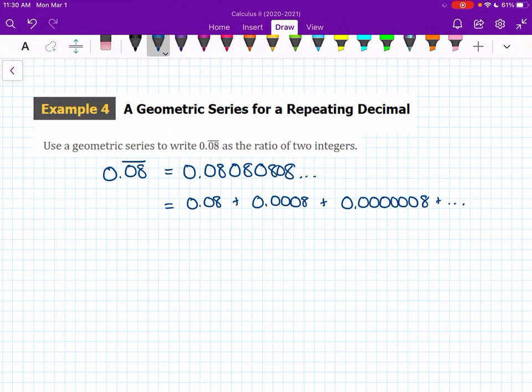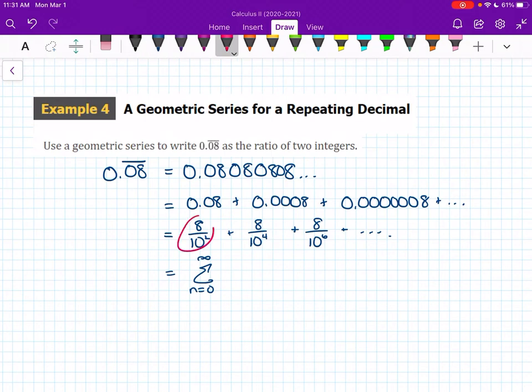Then if I write each of these as a fraction, I get 8 over 10 squared plus 8 over 10 to the 4th plus 8 over 10 to the 6th plus so on and so forth. If I want to put that into summation notation, my first term is my a value.